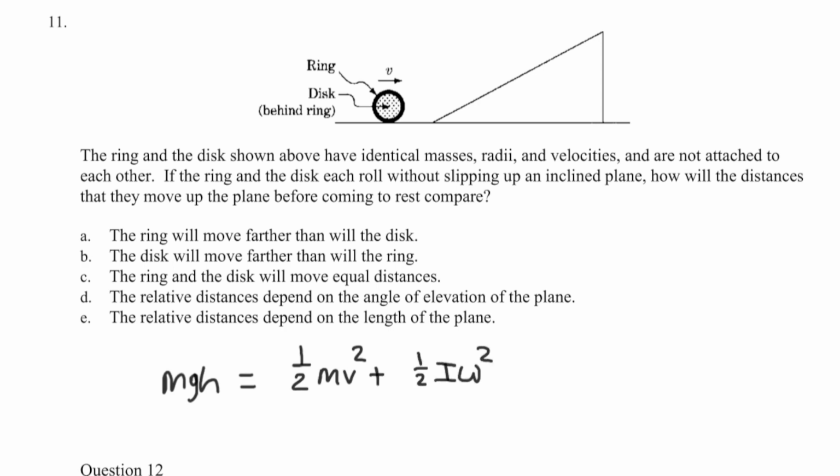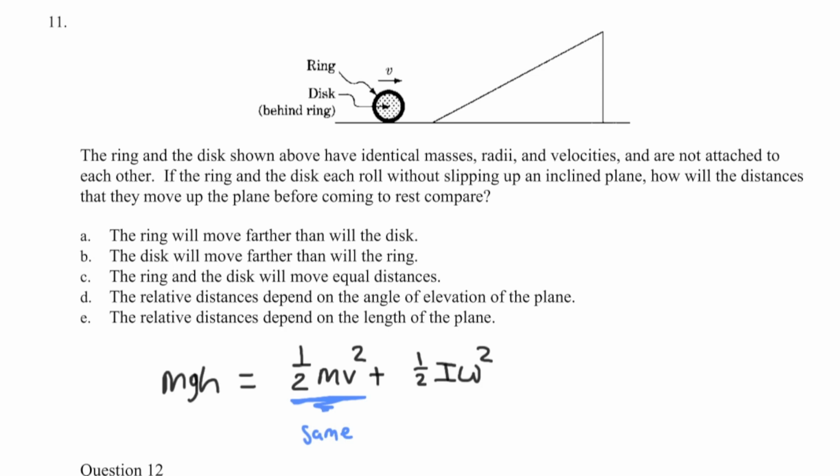We could even replace omega with v over r if we wanted everything in terms of v. Now we just have to compare what's different. The fact that they have the same linear speed means that for both the hoop and the disk, this term is the same for each.